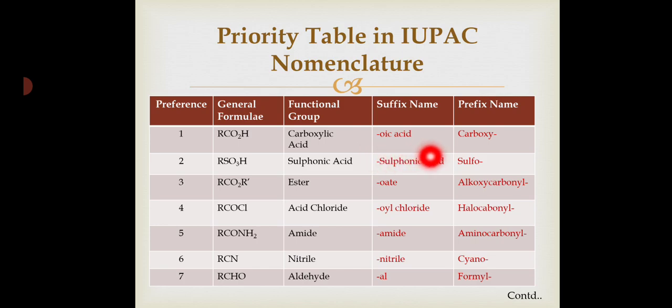Sulfonic acid: the suffix name is sulfonic acid, but the prefix name is sulfo. So when a more preferential group is present in the molecule compared to the sulfonic acid, it gets the prefix name, but when it is the most preferential group in a molecule, then it gets the suffix name.